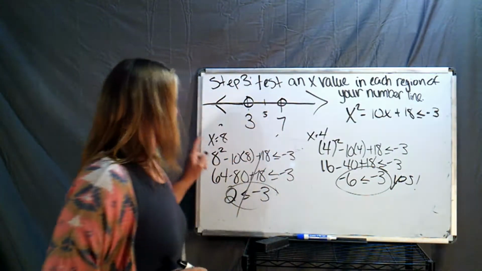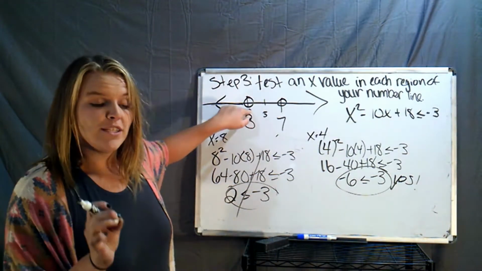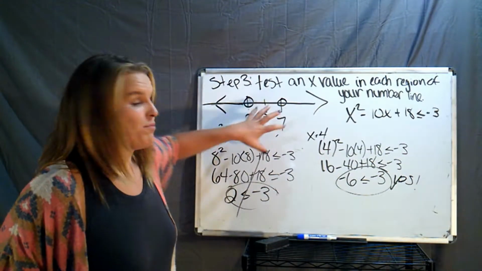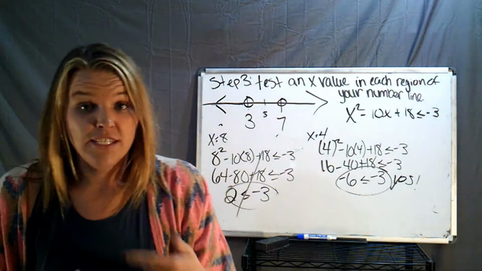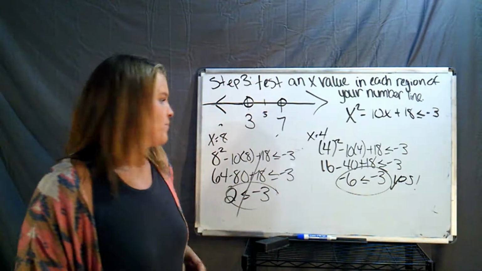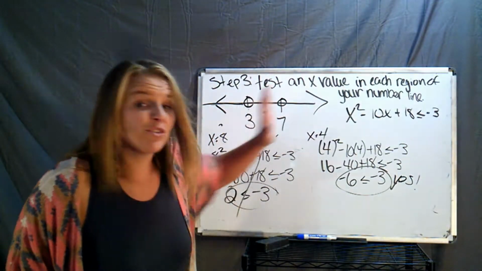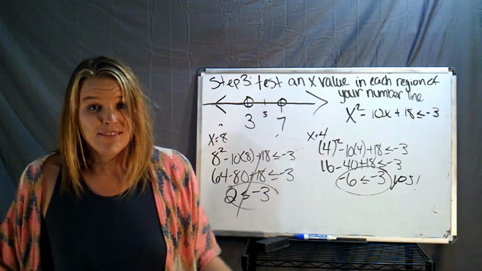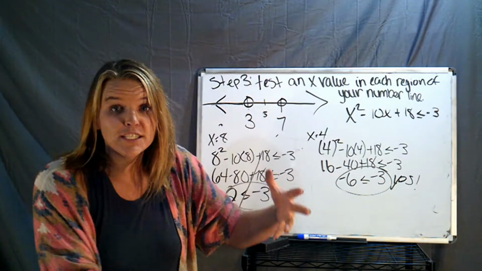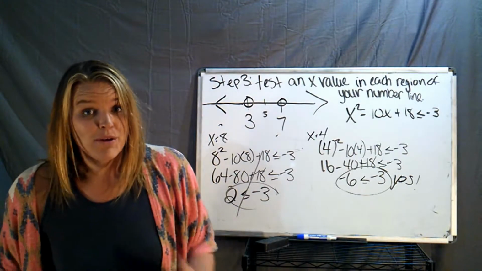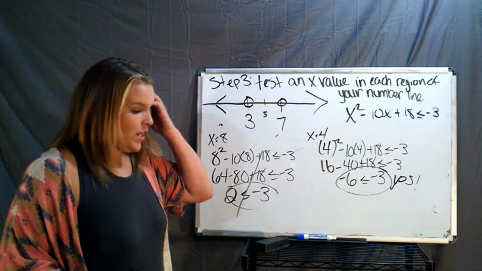For the second one, where I did x equals 4, you can do any number between 3 and 7, as long as it doesn't equal 3 or 7. It has to be between them. And for the last one where I did x equals 8, that can be any number bigger than 7. You can pick any number that you want to. I just picked the simple ones, which you will probably do anyway, but I want you to know where I'm getting those from.